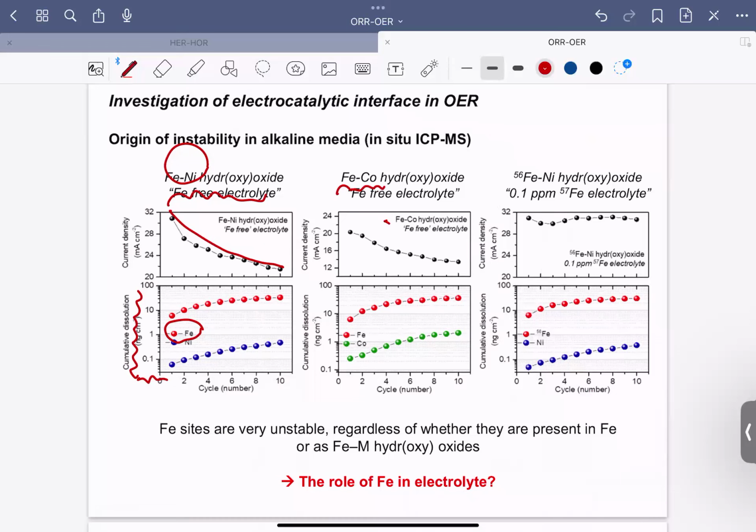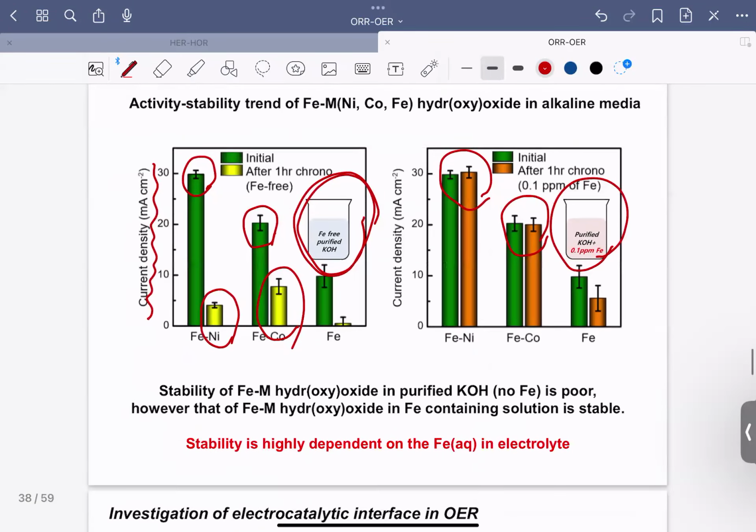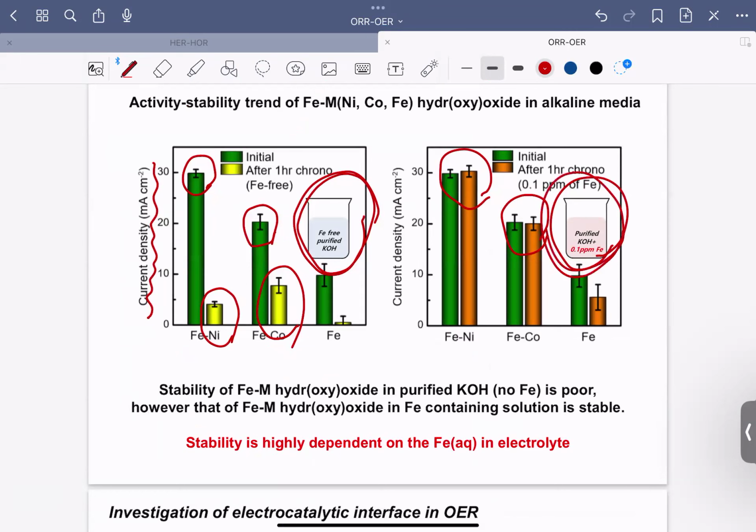The activity goes down very quickly, and huge dissolution of the iron has been confirmed compared to the cobalt itself, right? So this is a really interesting feature: a huge dissolution of the iron is correlated with the activity decay, right?